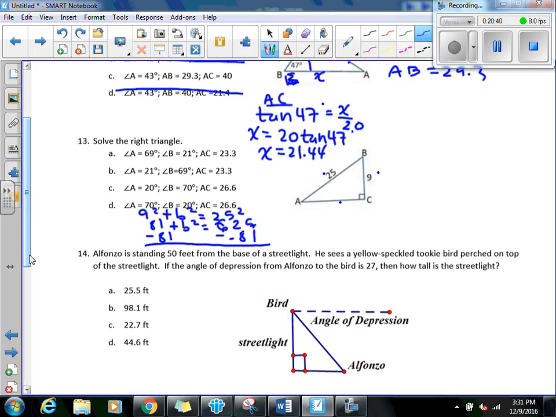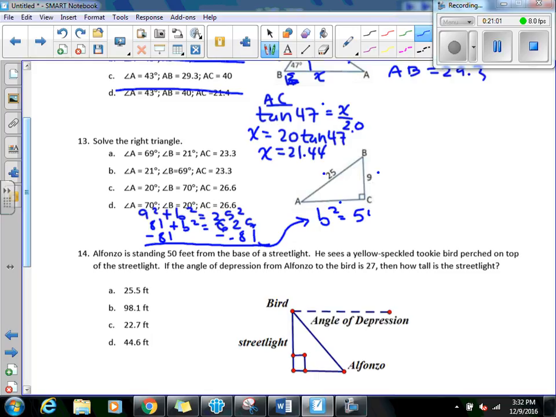Okay. Ran out of space. And so 625 minus 81 is going to give us 544. And so b squared equals 544. But don't forget to take the square root of both sides.